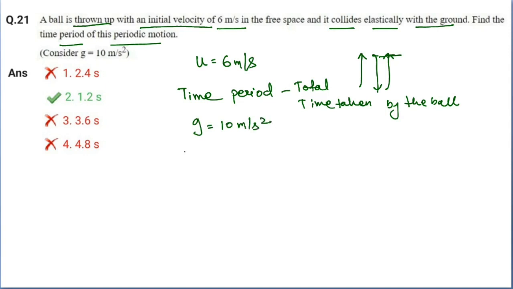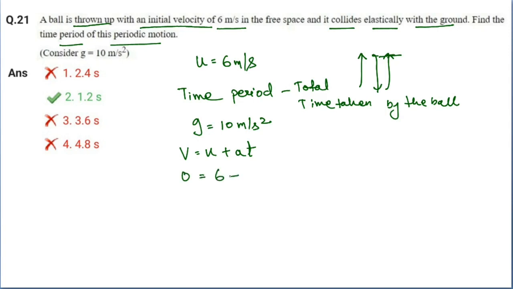If we use the equation of motion v is equal to u plus at, then when we throw a ball in the upward direction, initially the velocity is 6 meters per second, but when it reaches the maximum height, the final velocity v is equal to 0.